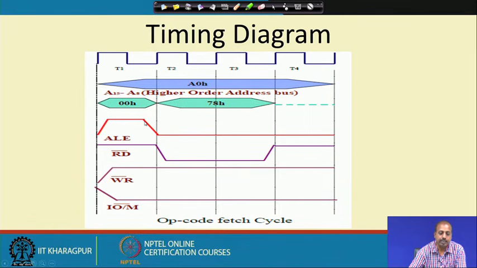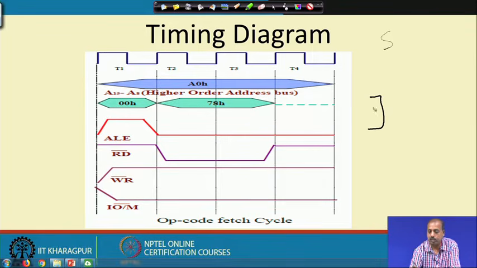This ALE signal is activated, as you know that there is a latch outside the processor. If this is the processor, then there is a latch here. The lower order address bus comes here and the ALE signal goes there.